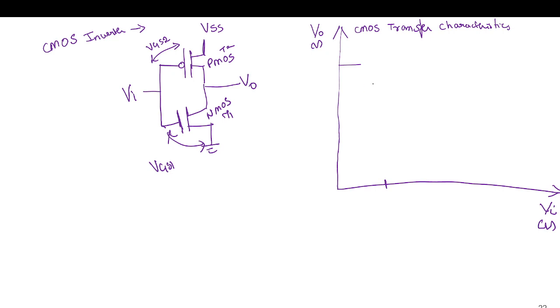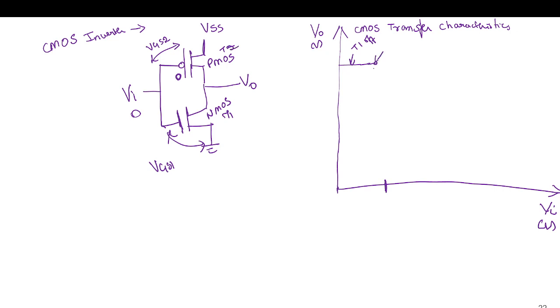So in this region, it is 0 volt. 0 when applied here will turn on this transistor, and this will be in off state. So T1 is in off state.